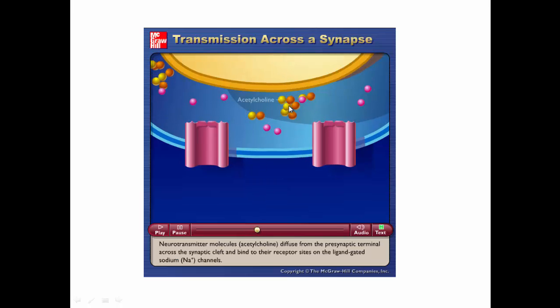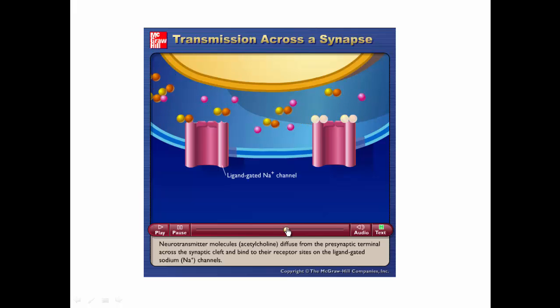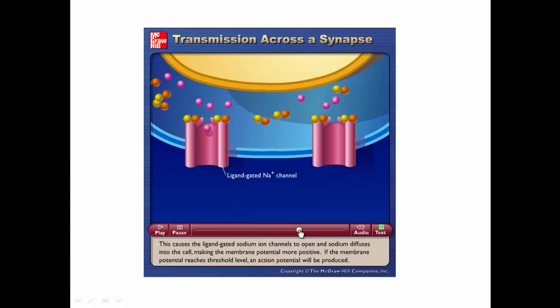So now the acetylcholine, shown in yellow and orange, is in the synaptic cleft. The acetylcholine then will bind to receptors on the postsynaptic neuron cell membrane. These acetylcholine receptors are also chemically gated sodium channels. So when the acetylcholine binds, the gates open and the sodium enters. And the sodium will depolarize this other neuron, leading to excitation.